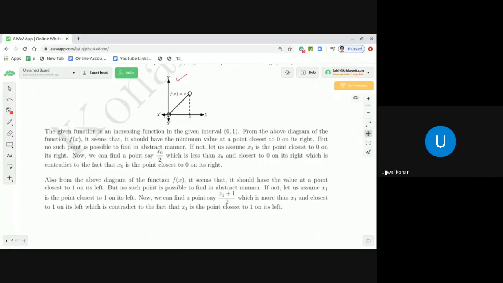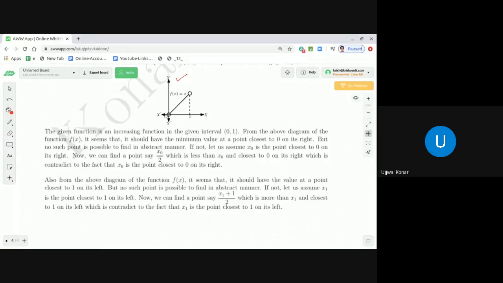If not, let us assume x0 is the point closest to 0 on the right. Now we can find a point x0 by 2, which is less than x0, closer to 0 on its right, which contradicts the fact that x0 is the point closest to 0 on its right.